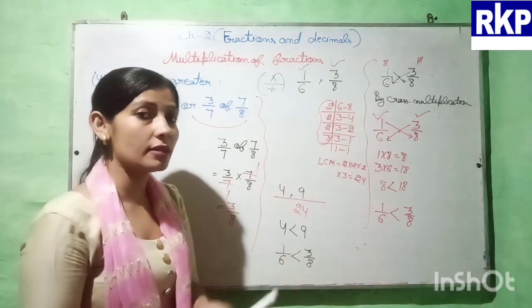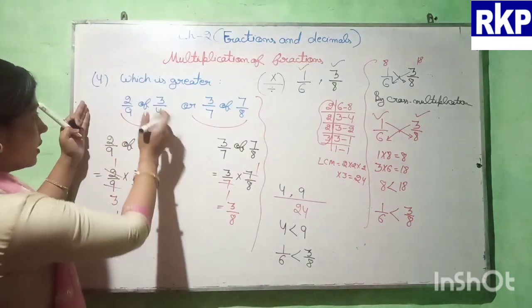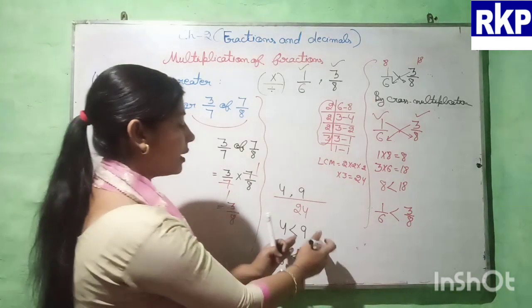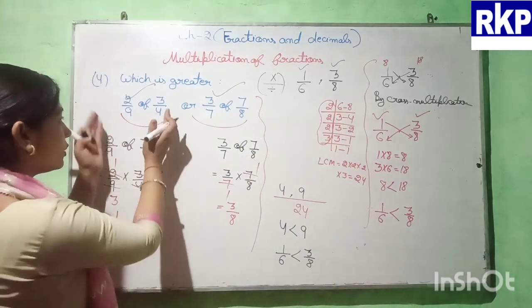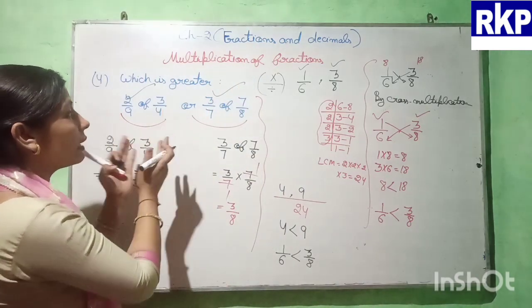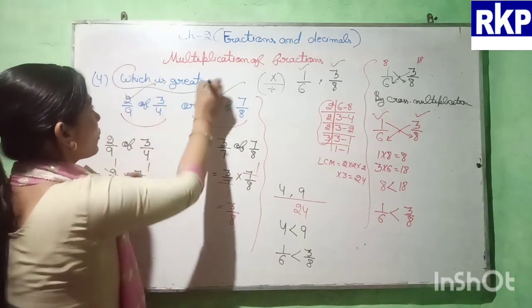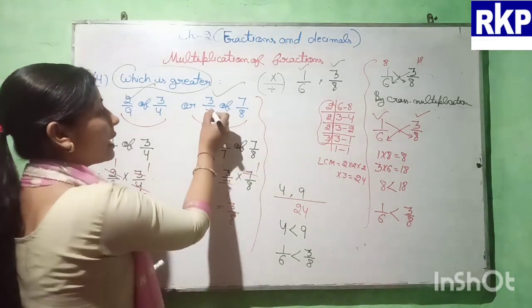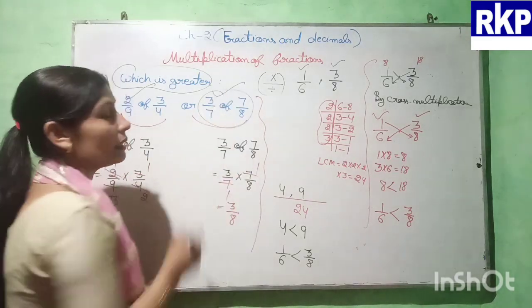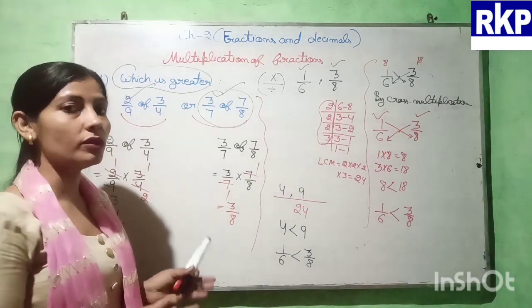And what is the result? 1 by 6 we have obtained from this, and 3 by 8 we have obtained from this. So we can say that 2 by 9 of 3 by 4 is smaller than this, or according to the question, which one is greater? 3 by 7 of 7 by 8 is greater. Okay, so like this we have to solve this question.